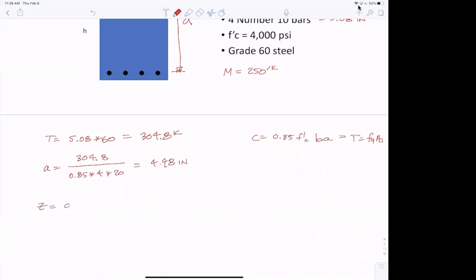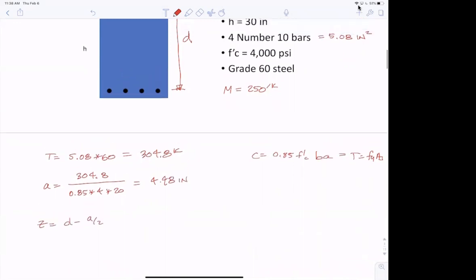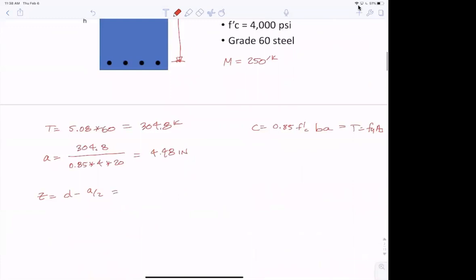Z equals d minus a over 2, 27.5. That's 25.26 inches. And finally, Mn is T times Z. So 304.8 times 25.3 inches. 25.3 times 304.8.